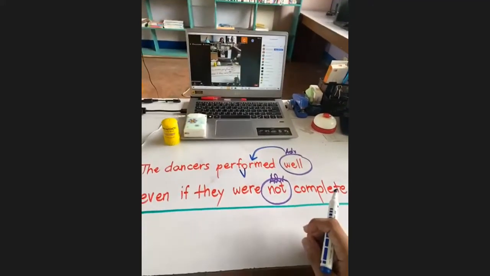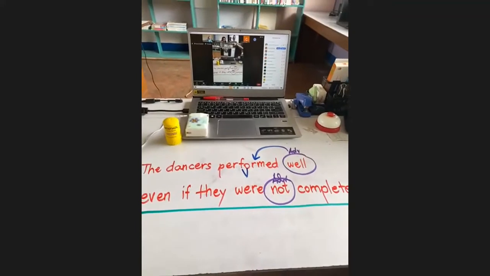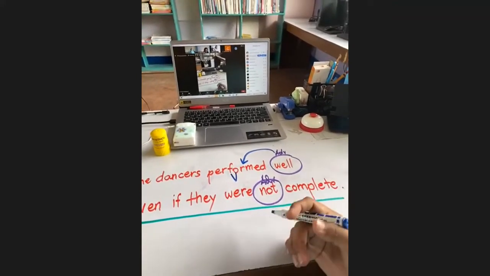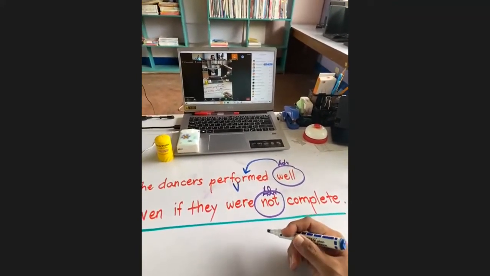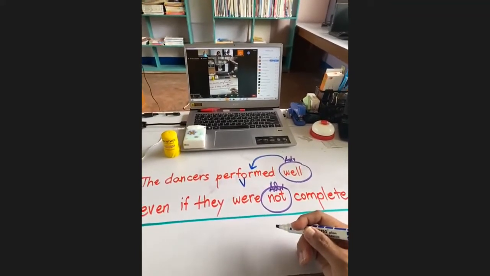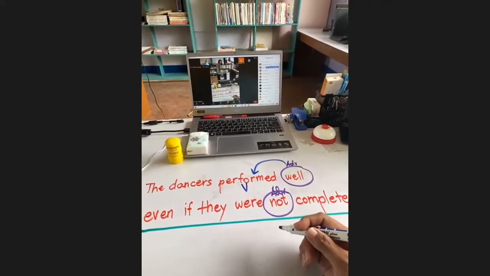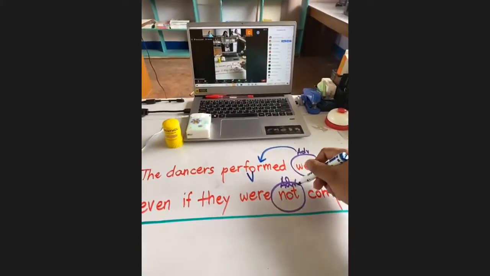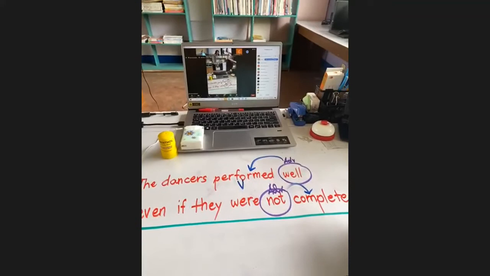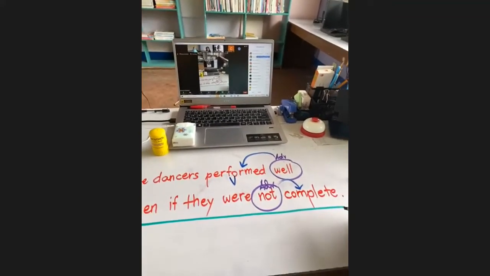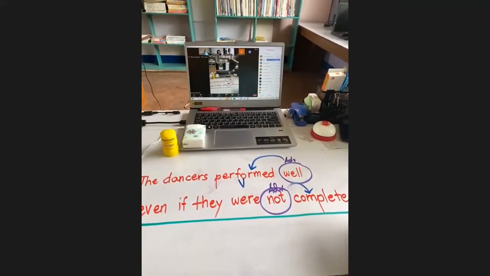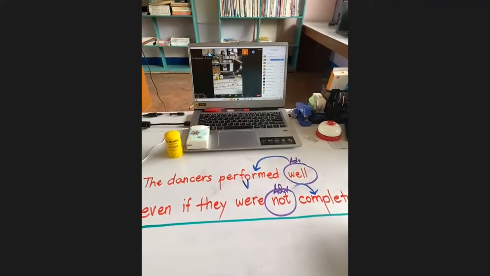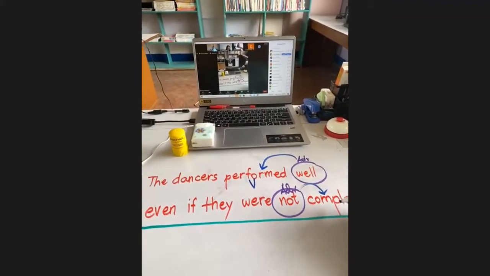What's modified by not in the sentence? Were. Lorraine, what about you? Is it were? Complete. It's the word complete, correct. To what part of speech does the word complete belong? Adjective. It's an adjective.